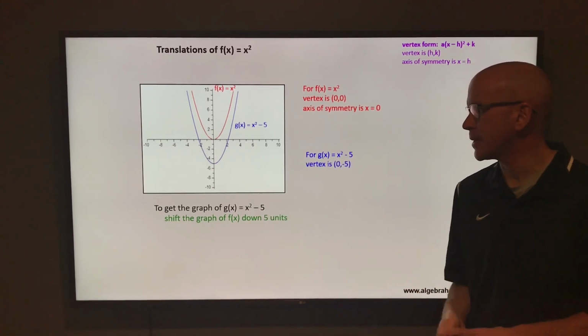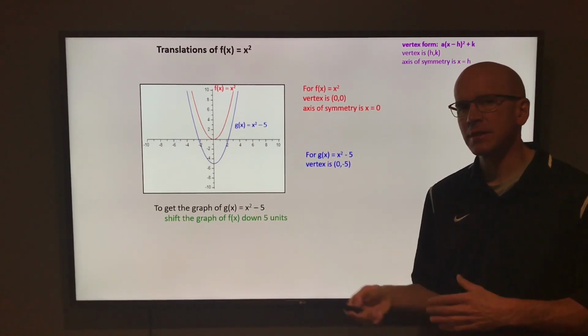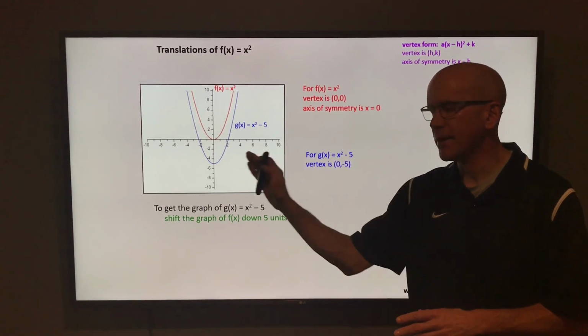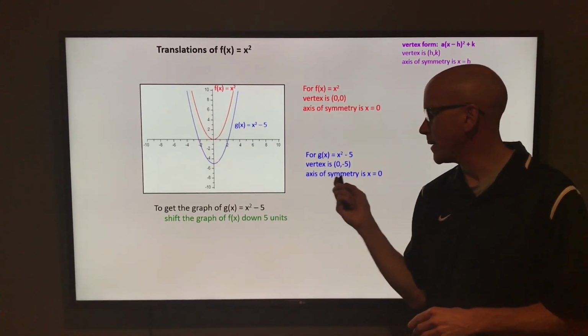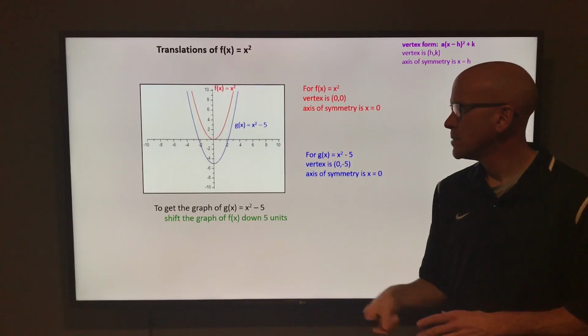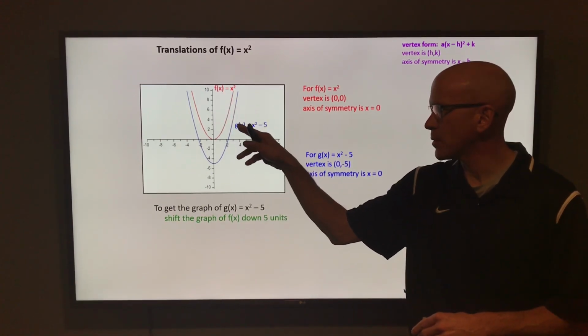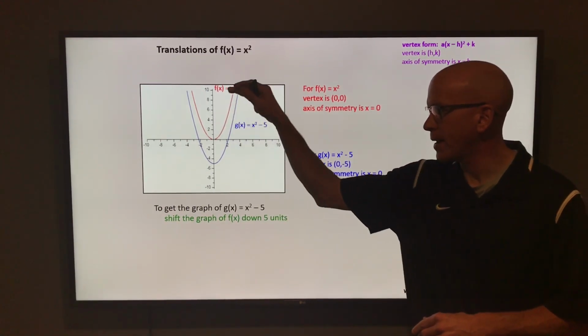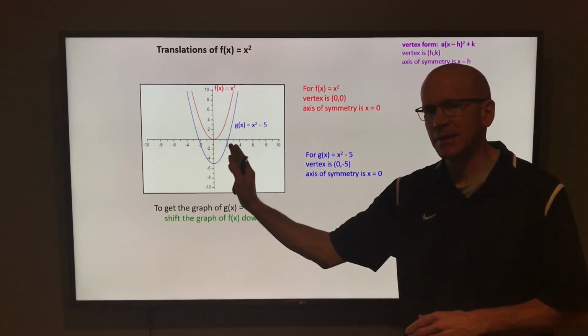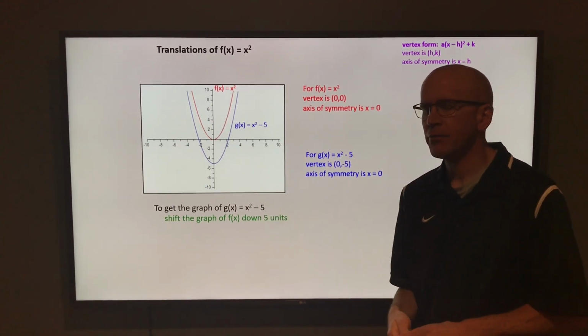Its vertex is 0, negative 5. The axis of symmetry, though, didn't change. We didn't go left or right any. It's still right on x equals 0. So when you go from f of x equals x squared to g of x equals x squared minus 5, the graph is shifted down 5 units. The axis of symmetry doesn't change, but the vertex does.